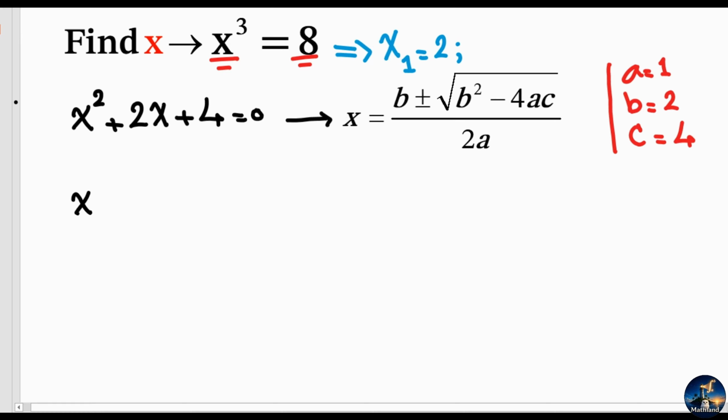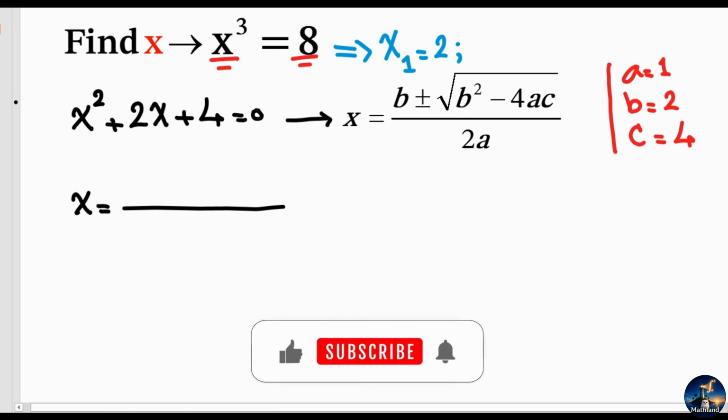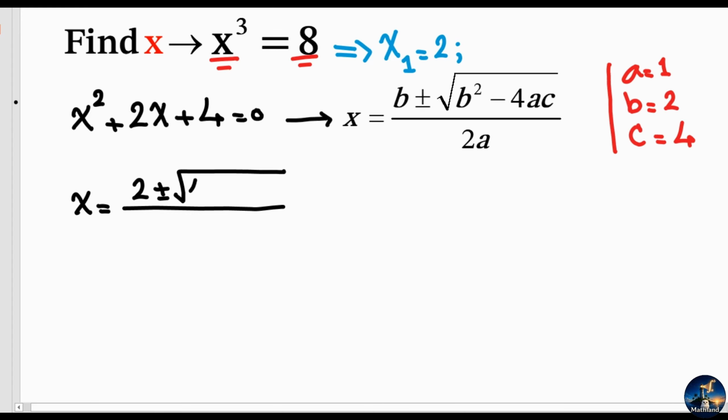We can write x equals minus b, that is minus 2, plus or minus the square root of 2 squared minus 4 times 1 times 4, over 2 times a, that is 2. That's equal to minus 2 plus or minus the square root of minus 12 over 2.